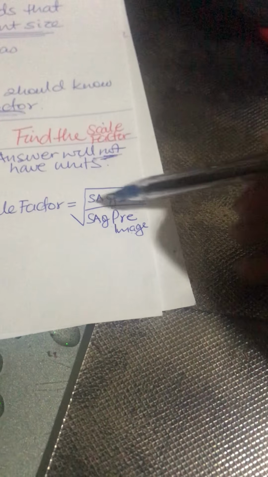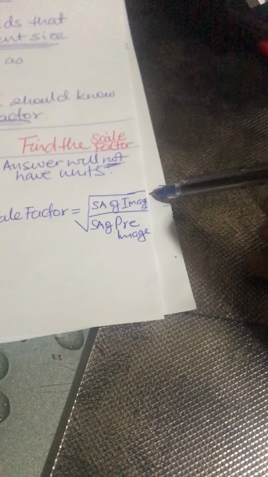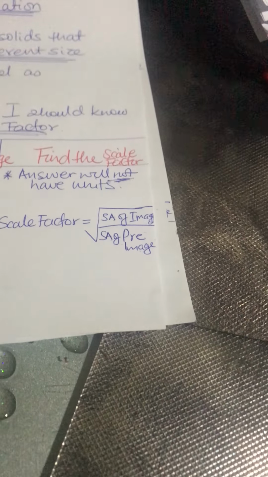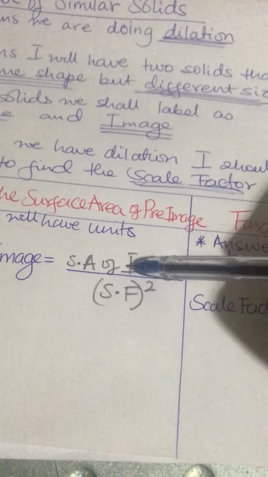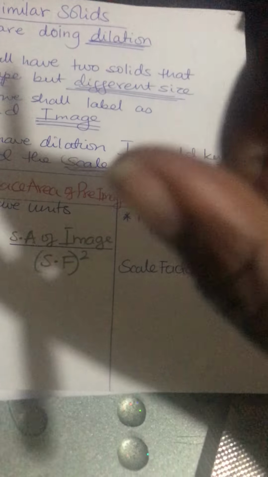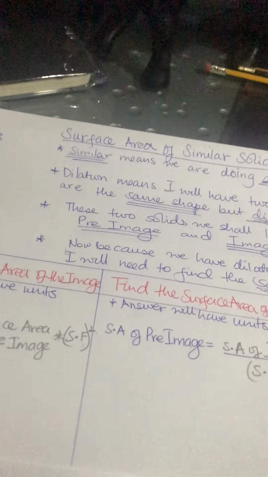After you divide, you find the square root. Okay? That is how you do. So if the question doesn't give you the surface area, it means you need to find the formula. Once you get the number, then you plug it into your formula.